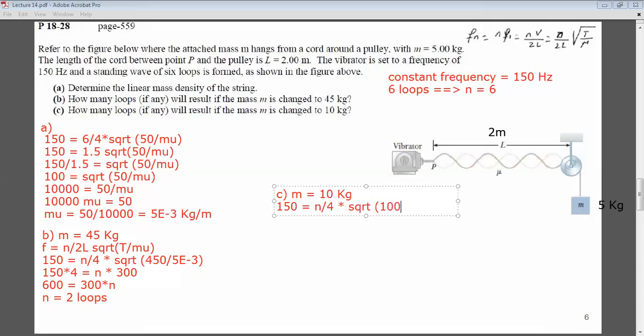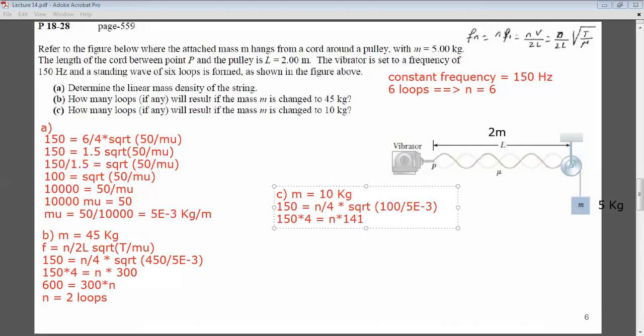In this case, it will be 100 divided by 5 e to the minus 3. So 150 times 4 equals n times the square root of 100 divided by 5 e to the minus 3.